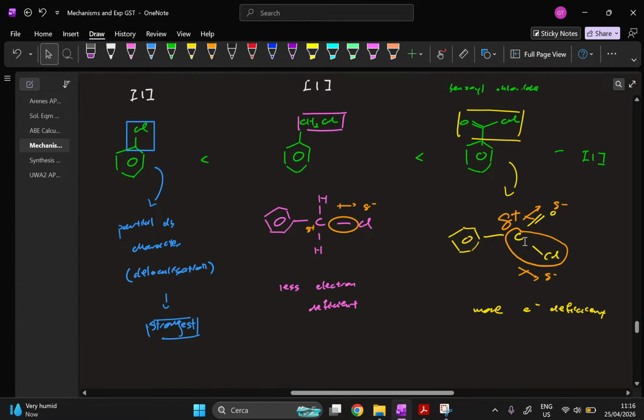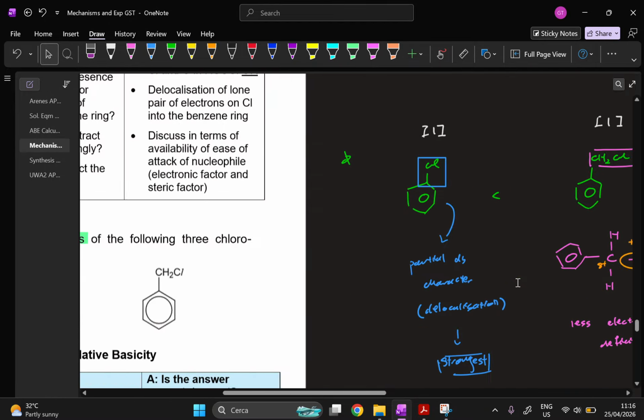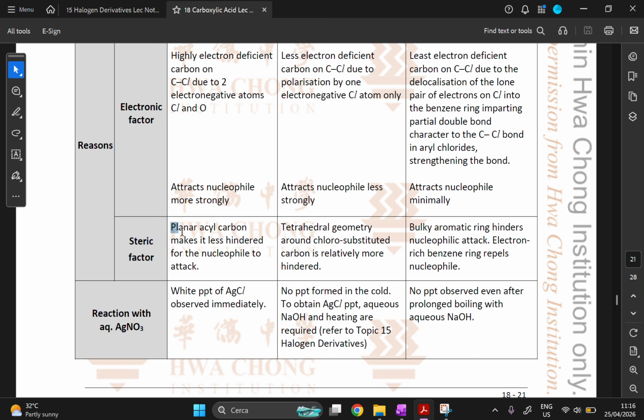It is trigonal planar. So obviously, this one has less steric hindrance than this one. I think that also explains the ease of nucleophilic attack of this delta plus carbon. So yes, you can see the worded explanation here. Trigonal planar, actually. Not sure why your lecture notes don't say trigonal. And this one is tetrahedral.